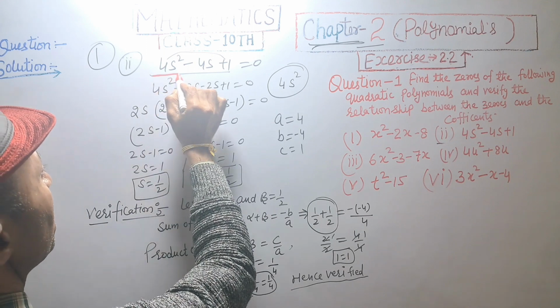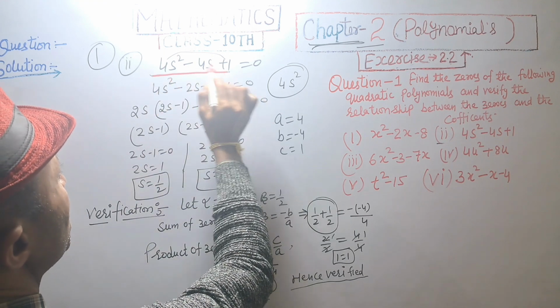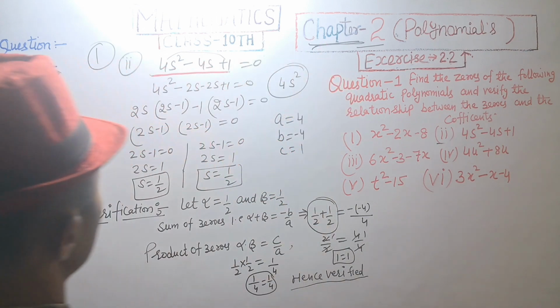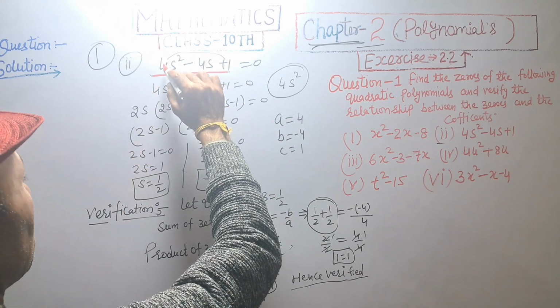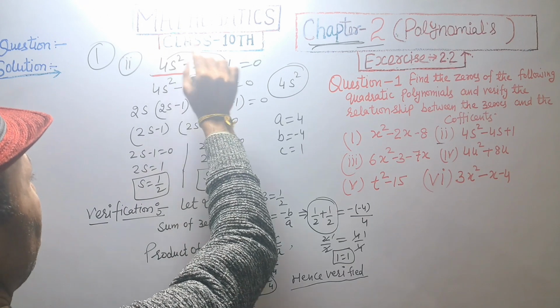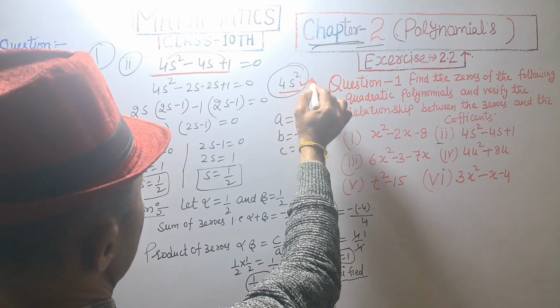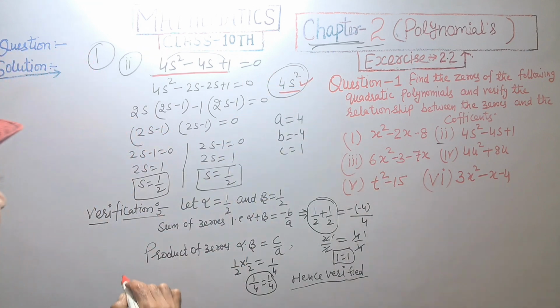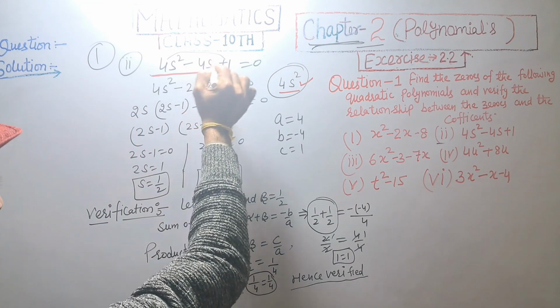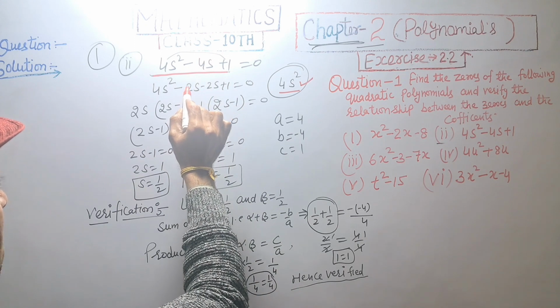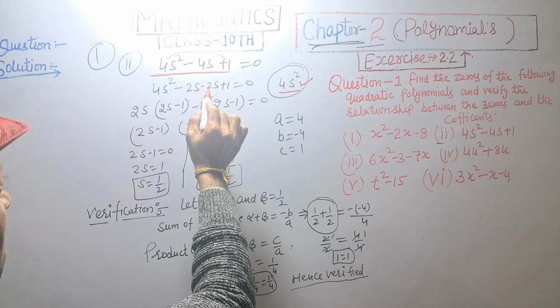The given quadratic polynomial is 4s square minus 4s plus 1 equal to 0. We are splitting the middle term. 4s square multiplied by 1 is 4s square, its product. We are splitting minus 4s as minus 2s minus 2s.